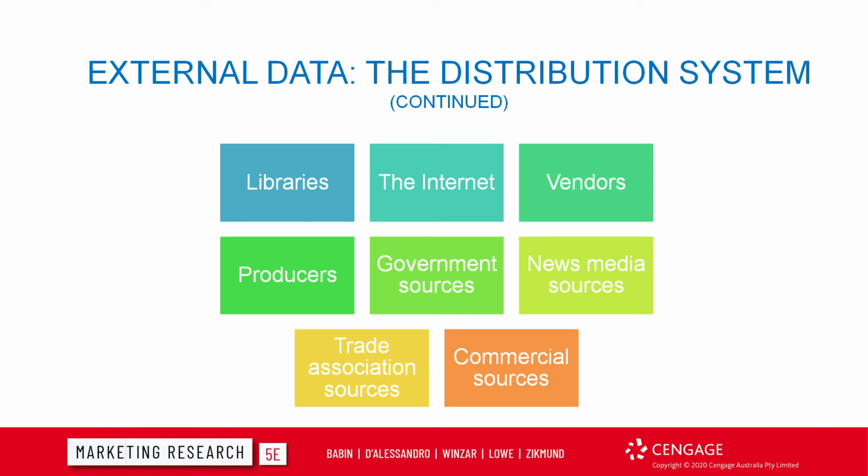Commercial sources are also another type of distribution system, and numerous organizations specialize today in selling information. These organizations provide diverse types of data, and examples include market share, consumption and purchase behavior data.